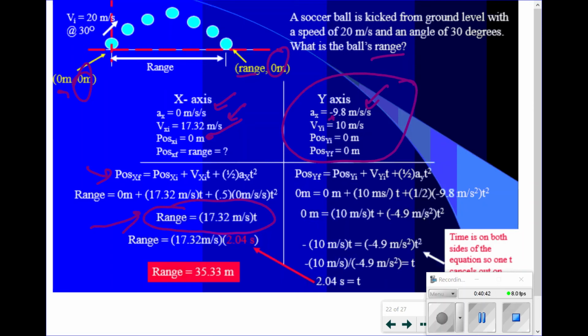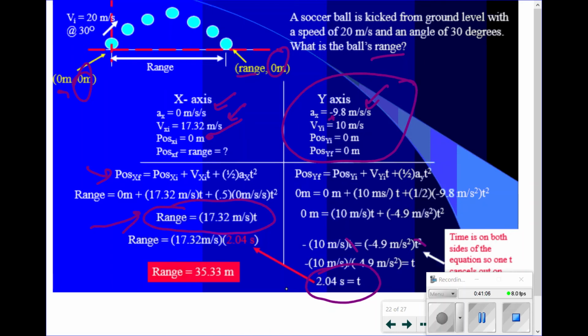Now, there's two ways I can solve this. One is bad math, where I can bring the 10t to the other side, divide both sides by t, so they cancel out, and then I can go ahead and solve for t by dividing 10 by 4.9, and I come up with an answer.